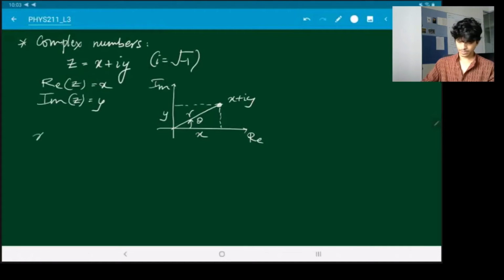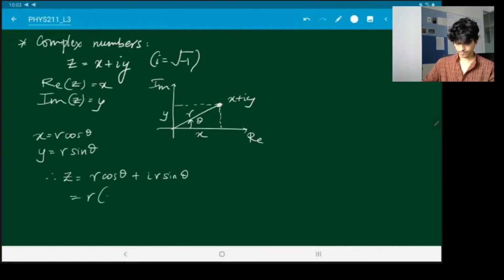And then you can see that x is going to be r cosine theta, y is going to be r sine theta, which means that we can write z as r cosine theta plus i r sine theta. And then you can use Euler's formula to write this as r e to the power i theta.